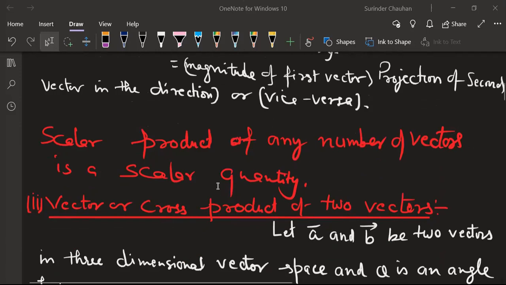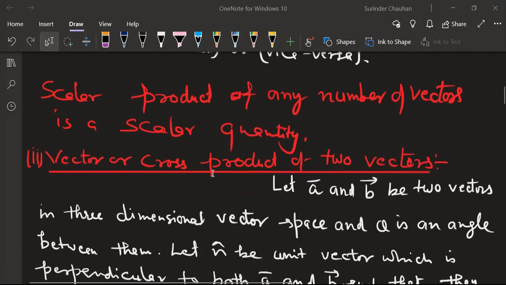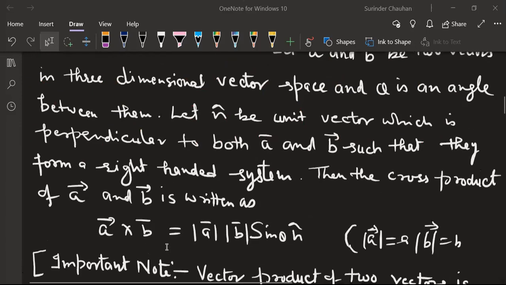Now let's go to the vector or cross product of two vectors. For that, let us consider two vectors in three-dimensional space, vector A and vector B, and let theta be the angle between them.